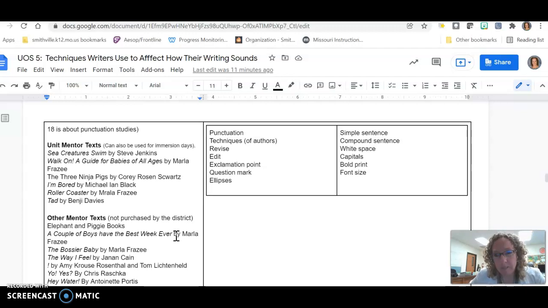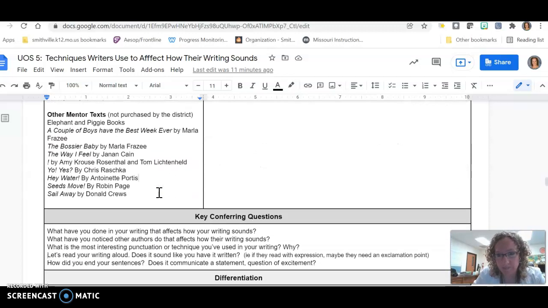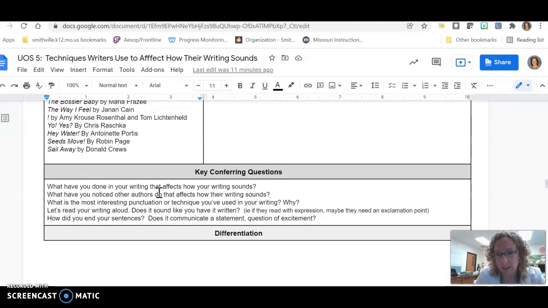But we have to do things to keep our mini lesson mini. If we're reading the book in the mini lesson, but then also going back and looking at it to read like a writer, to notice the techniques, that's going to make that mini lesson too long. We need to protect our conferring and our strategy group time. So that means we have to keep mini lessons short. So definitely read those mentor texts before the unit starts if you can. I totally understand that's easier said than done.